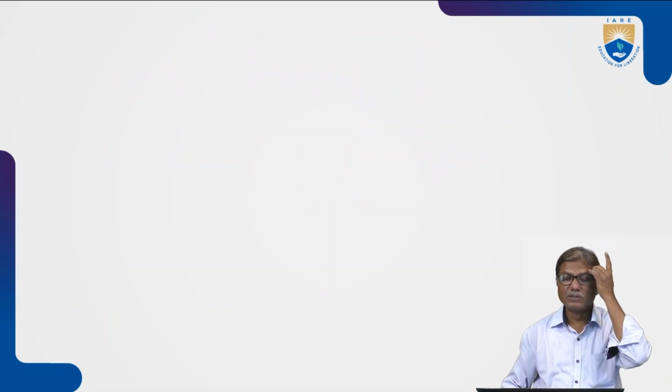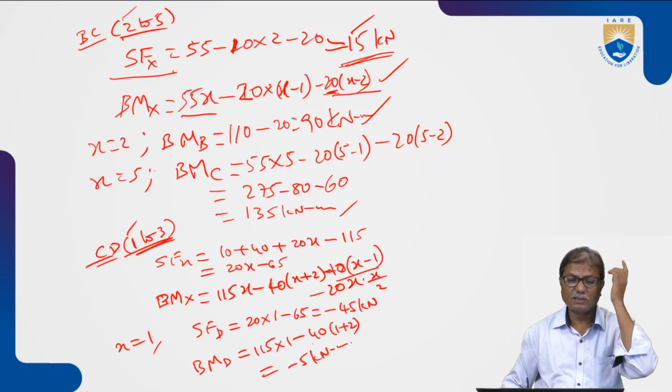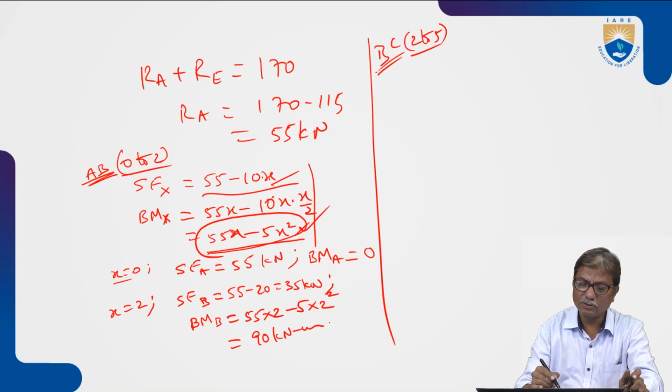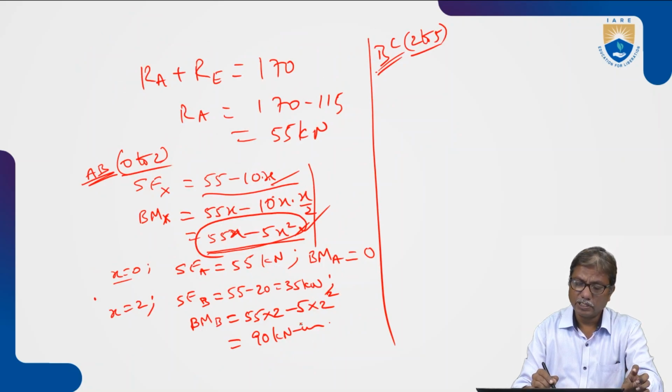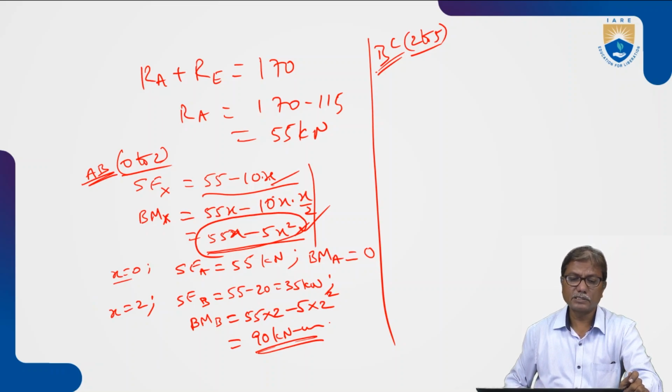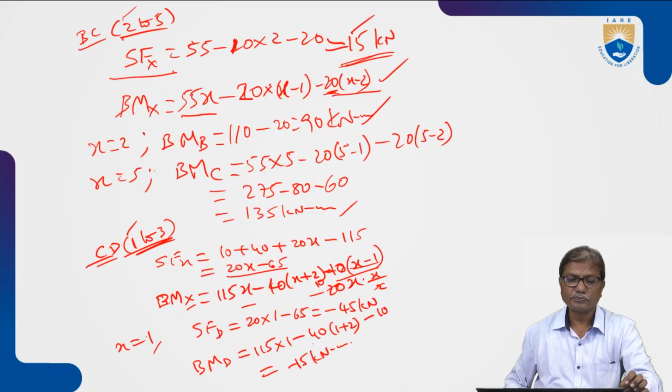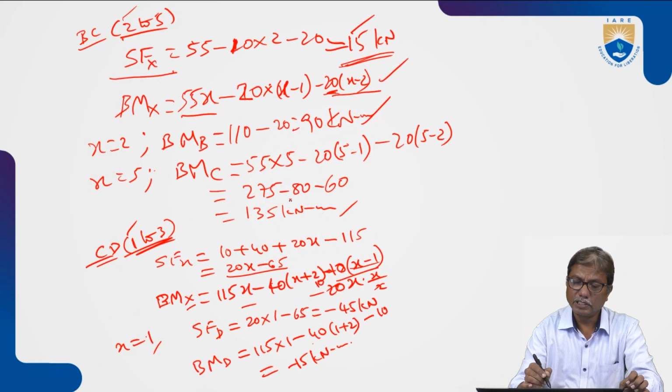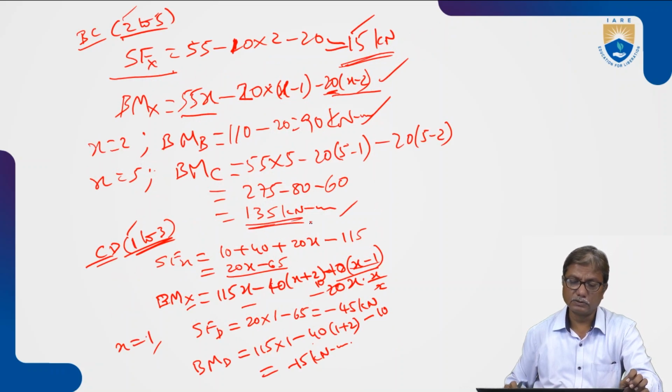Bending moment is 0. So we have calculated the bending moments at various points. Let us see one by one here. Bending moment at B is 90. Next, bending moment at C is 135.